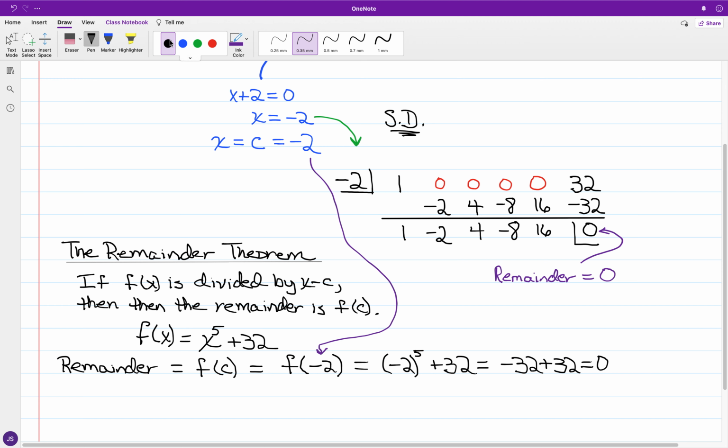And notice we have, for the results, regardless of whether you use synthetic division or long division, or in this most recent case, the remainder theorem, we're going to have the exact same result in the remainder.